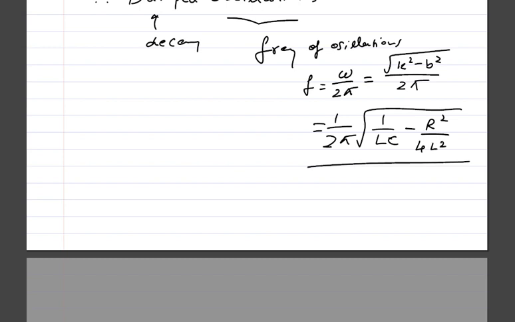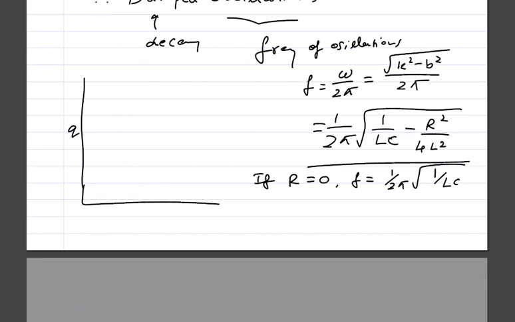That is the equation. So if r is equal to 0, then you have f is equal to 1 by 2 pi square root of 1 by LC. And if you plot this as a function of time, it will be a decay followed by an oscillatory curve, something like that.